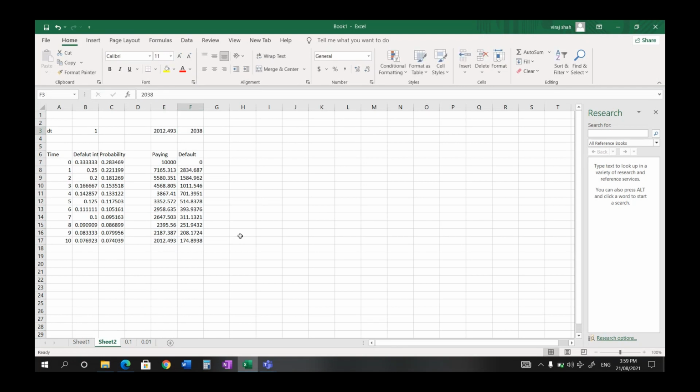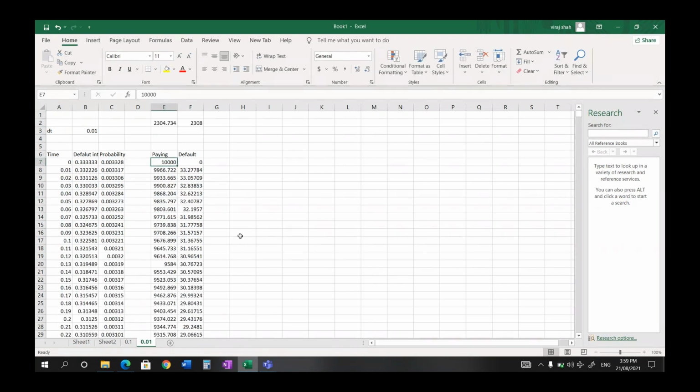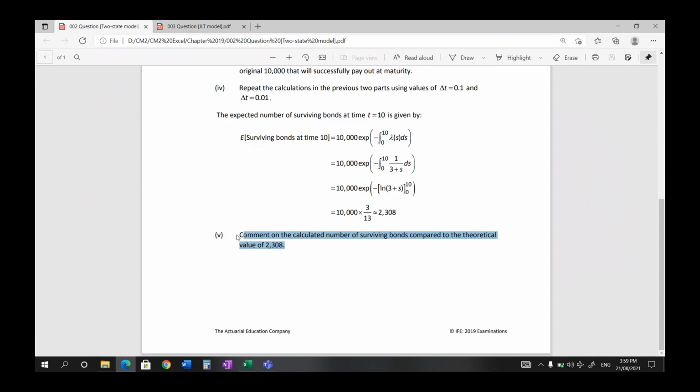So you see the difference decreases as your discretization, continuous to discrete, goes through an appropriate stage. If this were 0.0001, the answer would come even closer, around 2306 or 2307, making your answer more stable. So due to discretization we are getting a big difference. This is your comment with respect to the theoretical part.